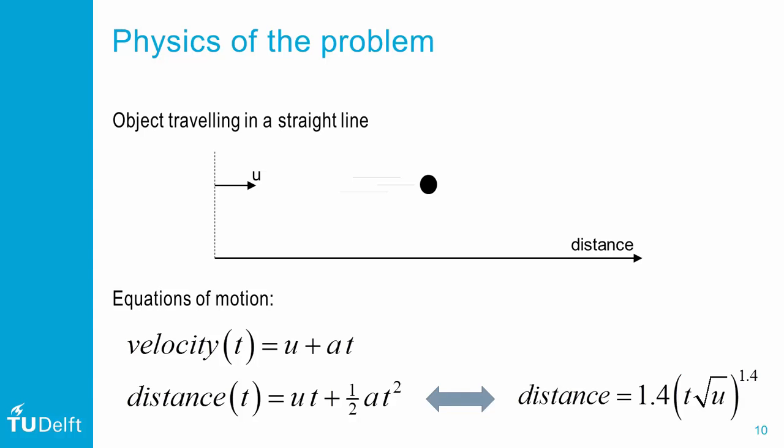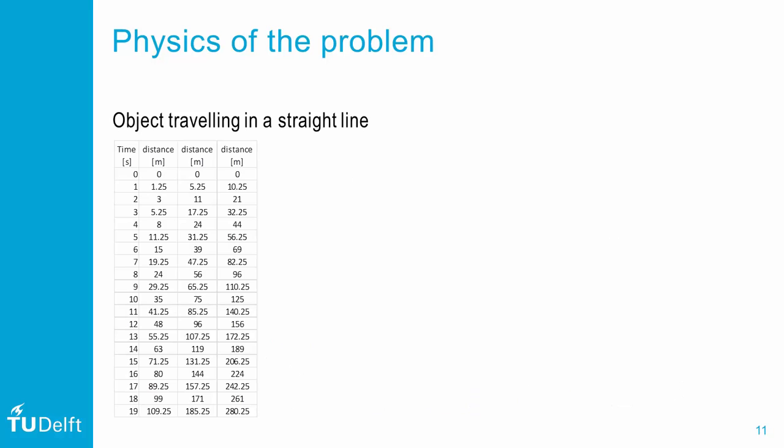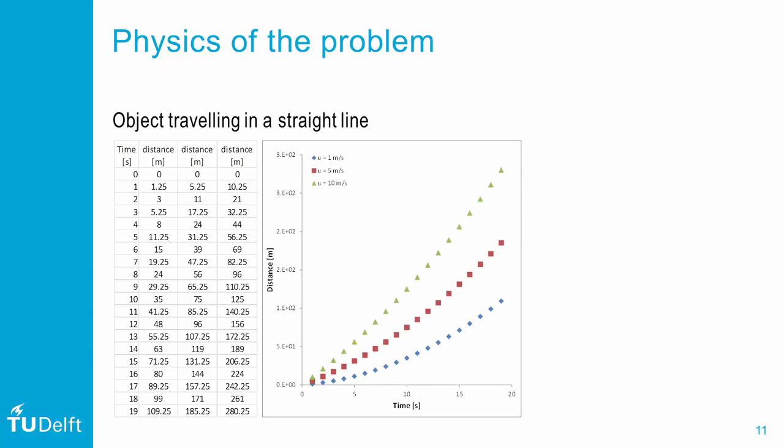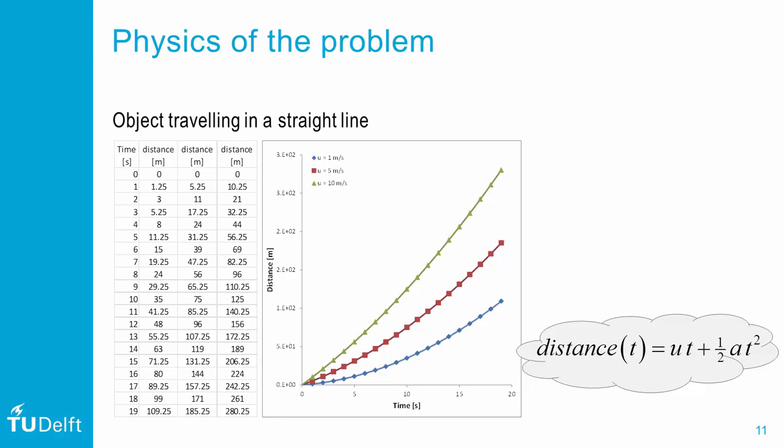So the original data plotted on the original graph could have been fitted to the equation of motion, which would have revealed that the acceleration apparently is 0.5 meters per second squared. And that is what we missed with our standard approach for fatigue damage growth assessment.